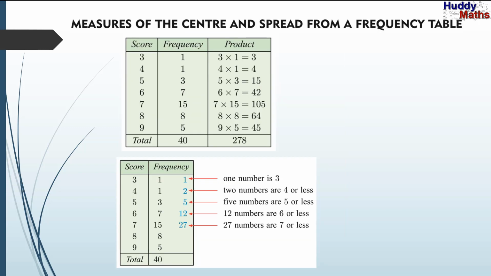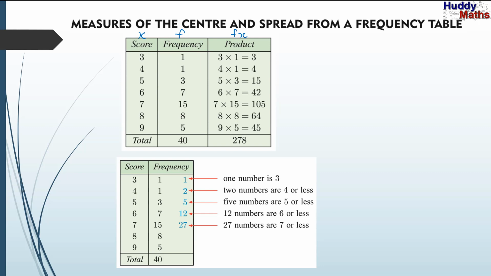Okay, let's go on. We obviously now want to talk about taking calculations from a table, and we've done a bit of this before. Remember here, the center and the spread, when you have a table, we usually put the score, the frequency, and an FX column, the product of the frequency times the score.